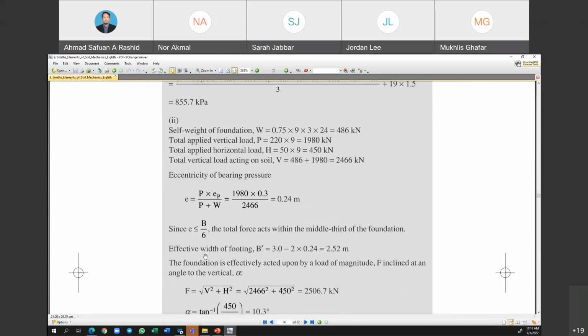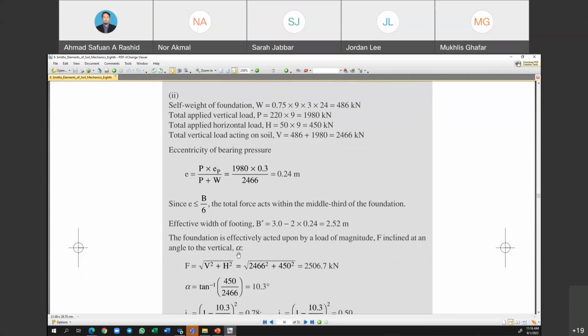So then the effective width of the footing, the new B prime, is equal to 252. So the foundation is effectively acted upon by a load of magnitude F inclined at an angle to the vertical. So we need to determine the alpha, because in Meyerhof we need it to get the inclined load.